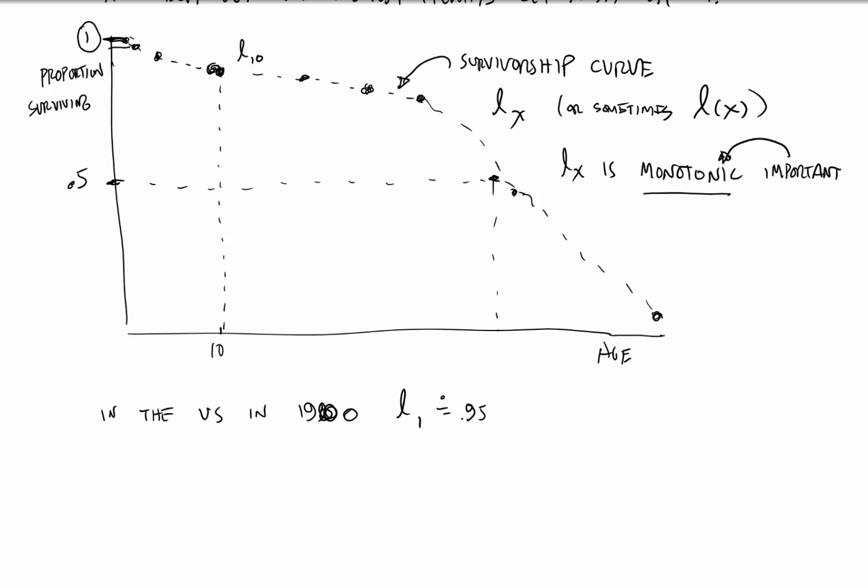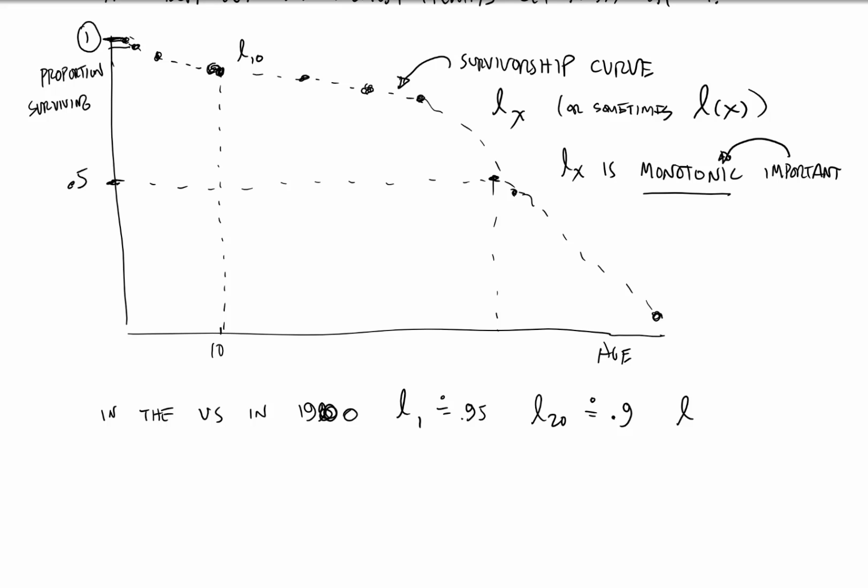That was a lot. Around 1900, L20, give or take, the proportion of the birth cohort that lived to age 20 was about 0.9. So 90% of them made it to age 20, and 10% died before age 20.